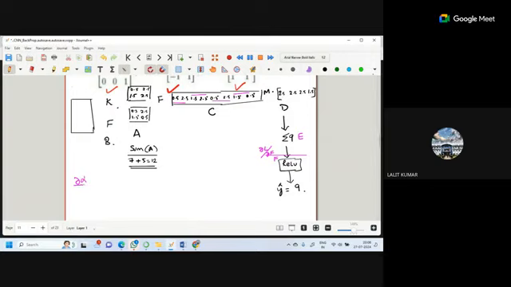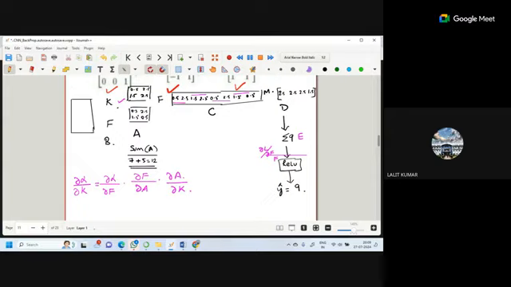So we find first for K: del L by del K is equal to del L by del F, and then del F up to the convolution layer, del A, and del A by del K.